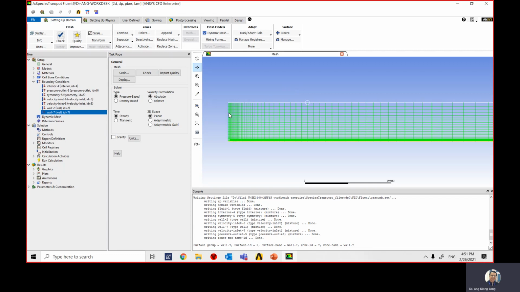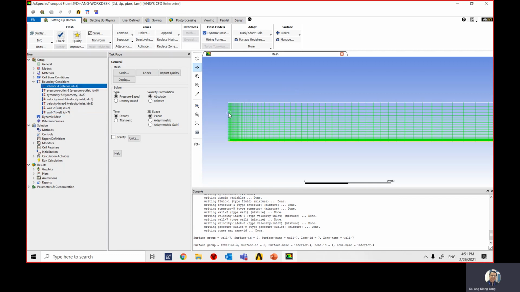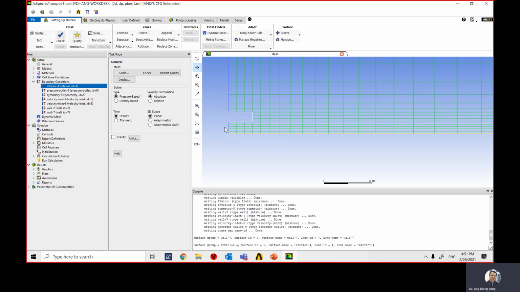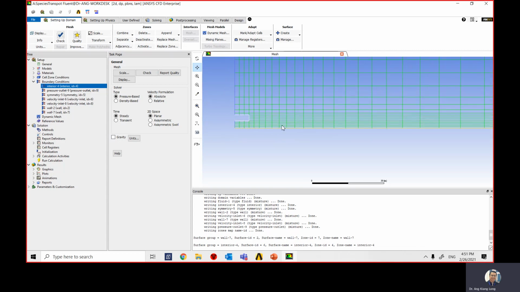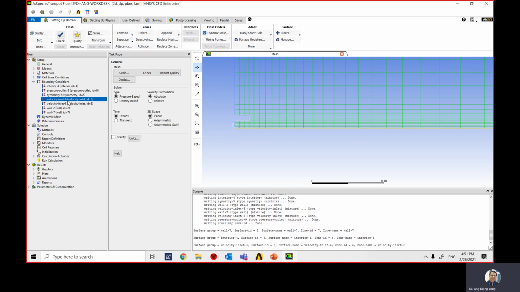Then let's click some boundary conditions. Here is ID number 4. It refers to interior. If you zoom in a little bit, you have the inlet where your methane, CH4, will come in, and here the air will come in. If you click here, this is your velocity inlet, ID 6. If you look at the console, ID 6 is here.